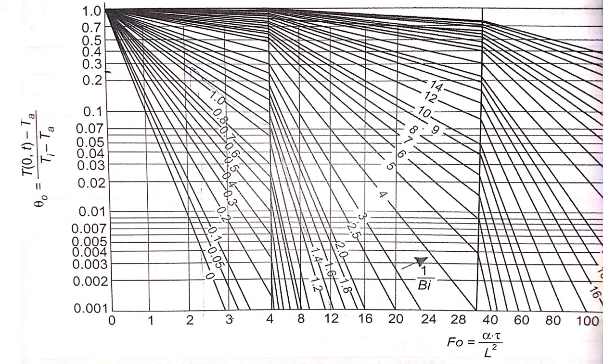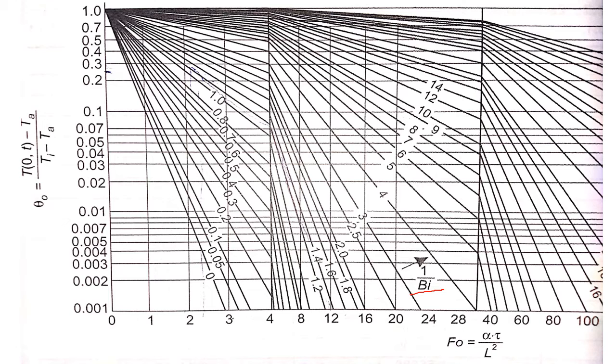See, this is 1 divided by Biot number 0, then 0.05, 0.1, 0.2, 0.3, 0.4, like that, then 1.2, 1.4, 1.6. All these curves indicate the value of 1 divided by Biot number.